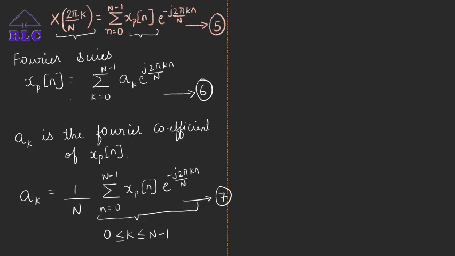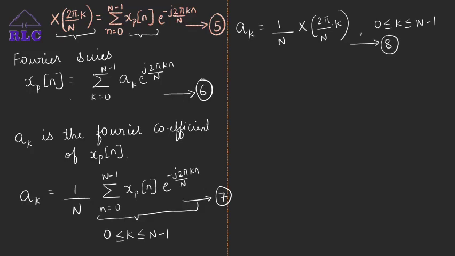So equation 7 can be written as ak is equal to 1 over N into X of 2 pi by N into k, where k is ranging from 0 to N minus 1. Let this be equation number 8.